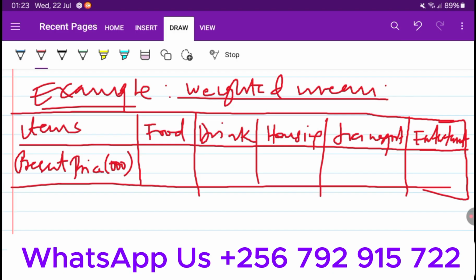So they are in thousands. This one is 150, this is 130, this is 200, this is 120, this is 180. Of course, this information represents the expenditures on the different items.